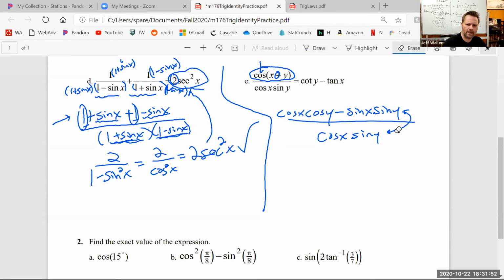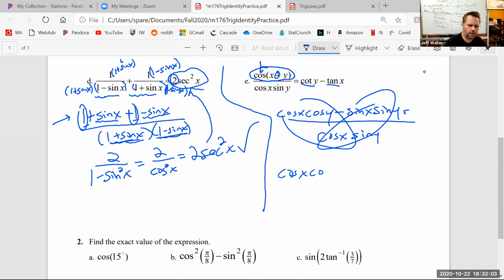But I can, and notice something else. Aren't there two terms on this side? So that tells me I want to split this up, right? So I get cosine x cosine y over cosine x sine y, minus sine x sine y over the same.